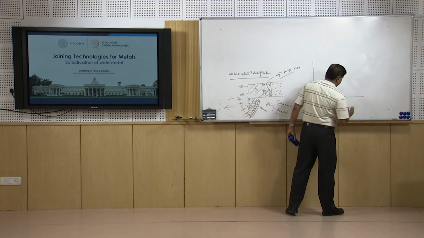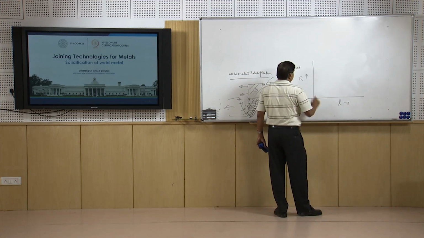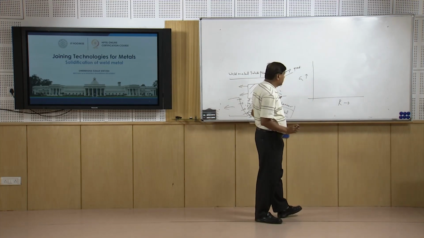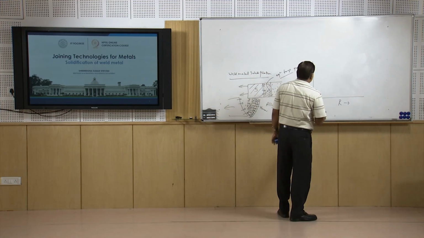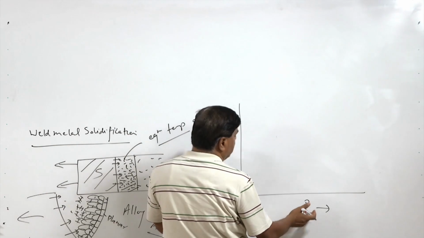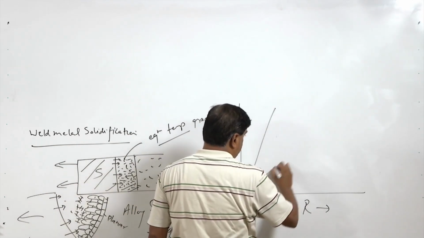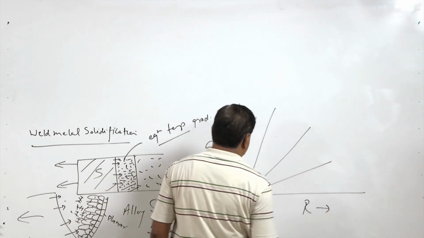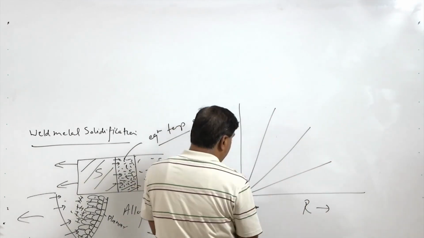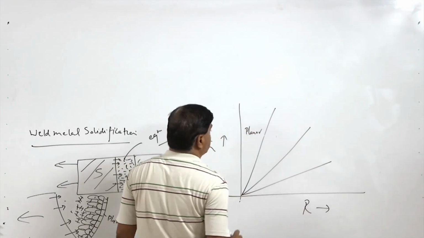If we see the typical diagram used to relate with the types of grain structures being formed, here R is the growth rate and here G, the actual temperature gradient, is in the y axis. For different combinations of G and R values, we will have different grain structures. When G is high and R is low, we have the planar grain structure.